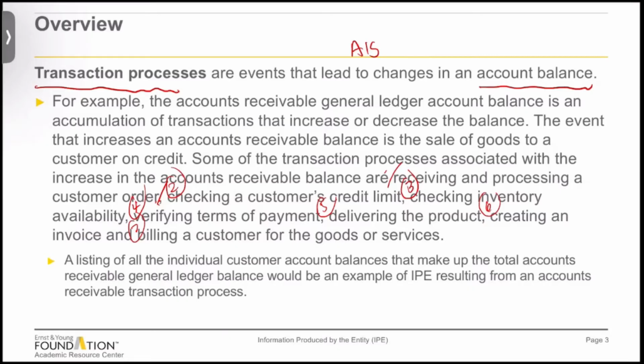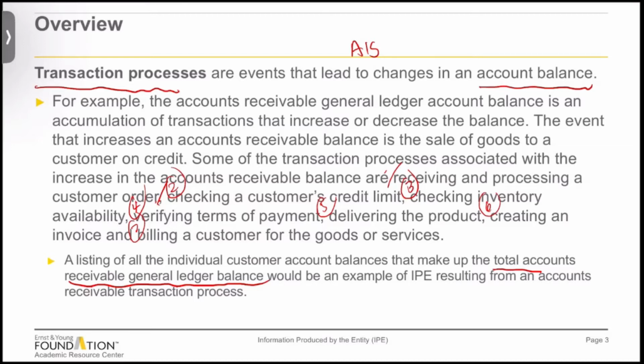Now, in relation to IPE, a listing of all individual customer account balances that make up the total accounts receivable general ledger balance would be an example of an IPE resulting from an accounts receivable transaction process.